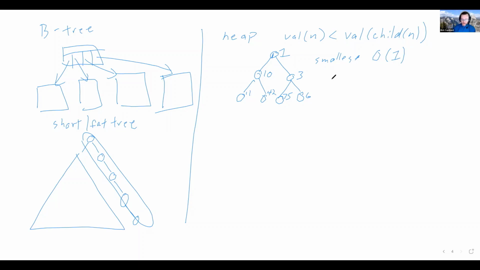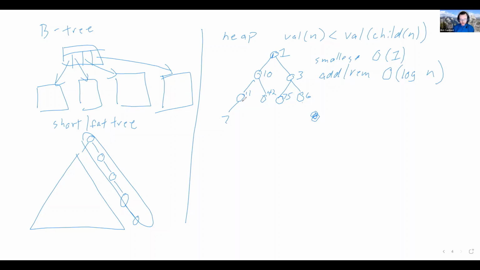It turns out that if I do any modifications, so add or remove, those are going to be O of log n. So if I wanted to add something here, what I'd actually do is put it at the end of the tree. Let's say I had a 7 I wanted to put in here. It says, well, you have violated this, so I'm going to have to swap these.